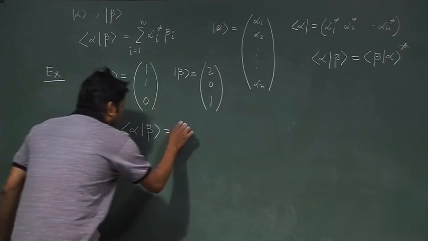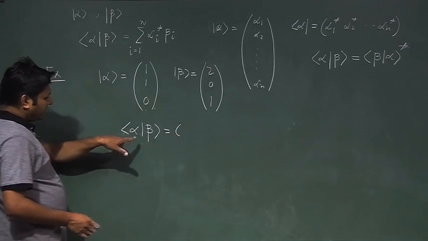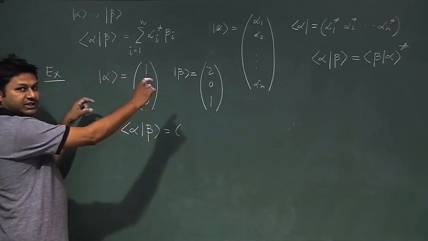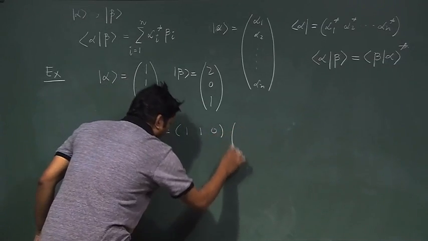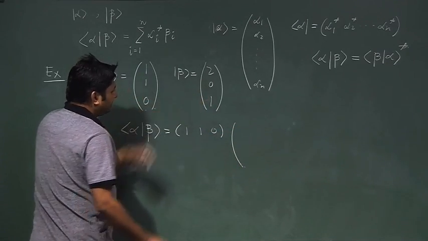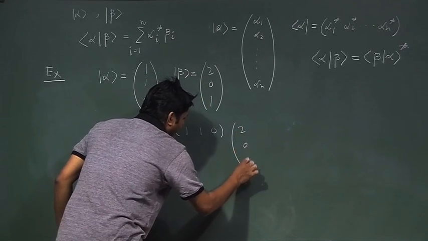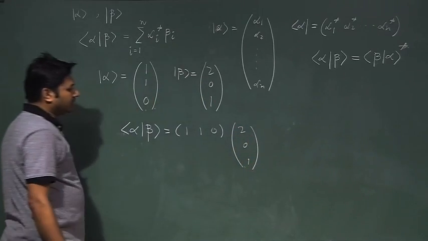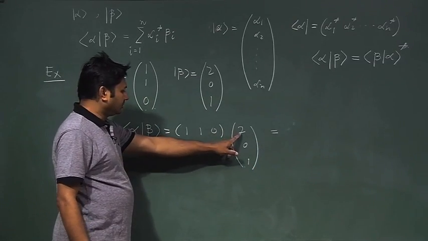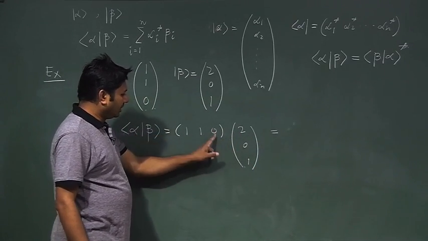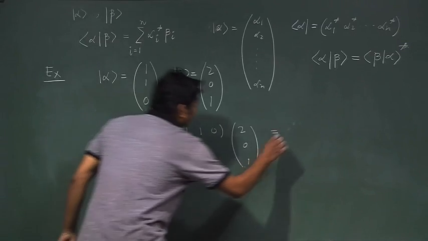According to my rule, when I make alpha here I need to change the structure, like 1 1 0, and this beta will remain unchanged. As a result, what I get is 2 into 1, 1 into 0, 0 into these things. So it will be essentially 2.